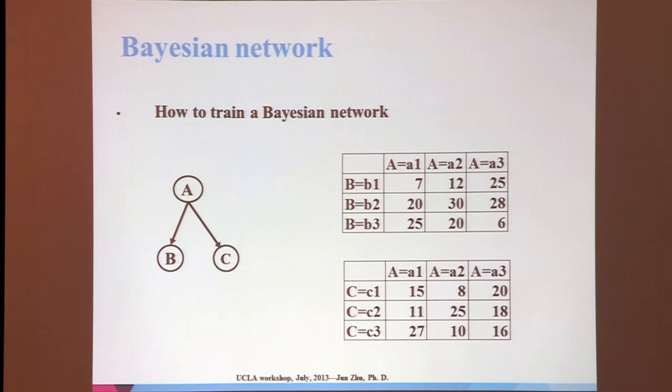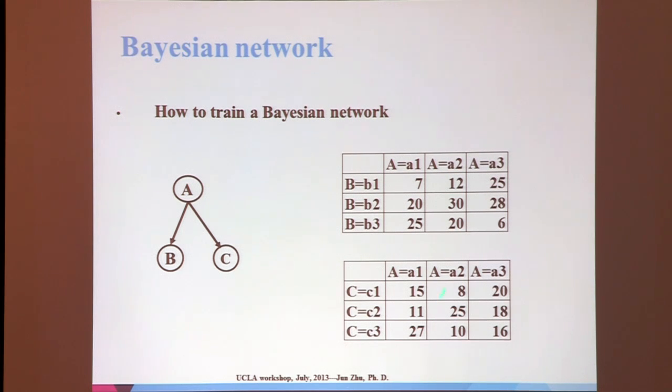So how to train a Bayesian network: first, we assume that you already have the structure. Then what you want to train is the probability table. Once you have observations, you fill in the conditional probability table. Here we assume the discrete form, and each node may have, say, 3 states.